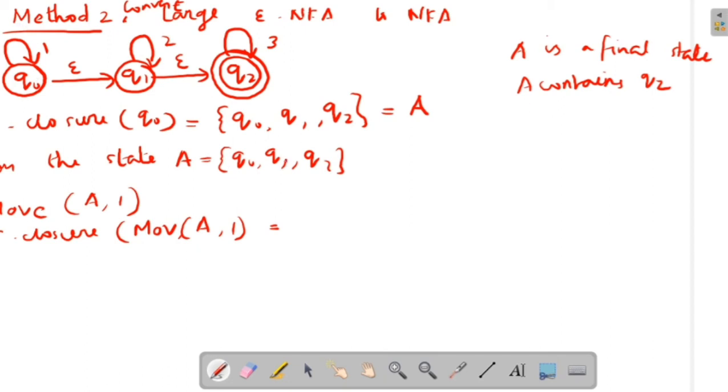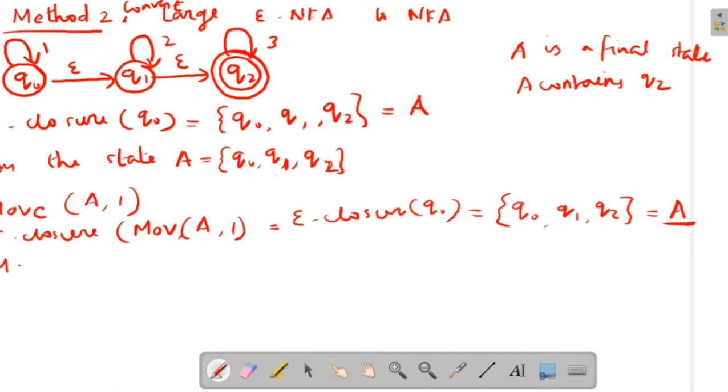From Q1 there is no transition over 1, and from Q2 also no 1 transition. So epsilon closure of move A comma 1 is epsilon closure of Q0 only, which is Q0, Q1, Q2, that is A itself. That means from the state A, the 1 transition is A itself.